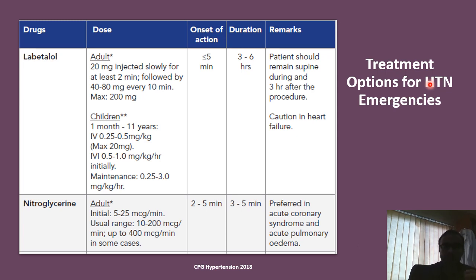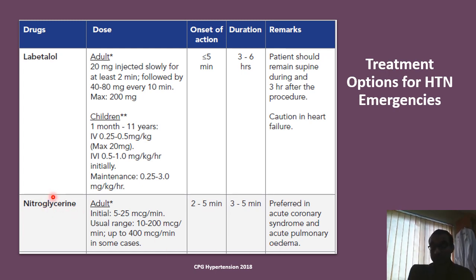One good point to consider in choosing among the various medications recommended for hypertensive emergencies is to look for the comorbid condition, the compelling indication. For example, a patient with hypertensive emergency who has acute coronary syndrome, an MI setting, non-STEMI, STEMI, or acute pulmonary edema.